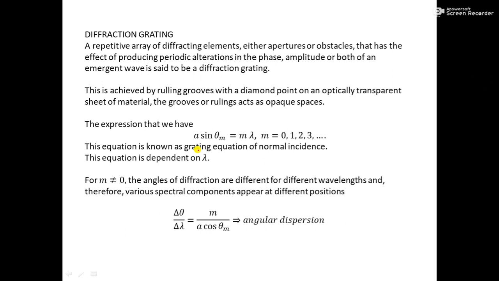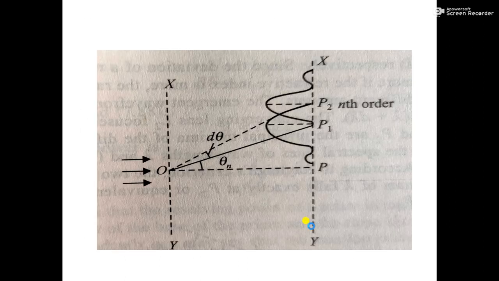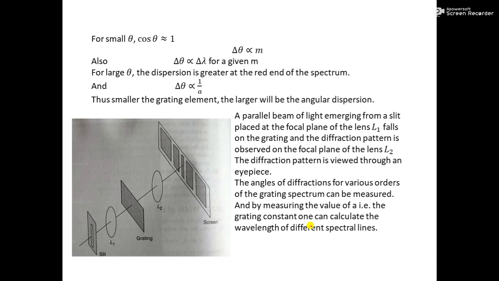Now, differentiating the equation, we get the expression delta theta by delta lambda is equal to m by A cos theta m, which is termed as angular dispersion. For small theta, cos theta is nearly equal to 1.